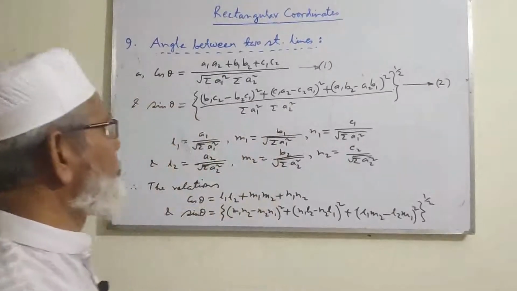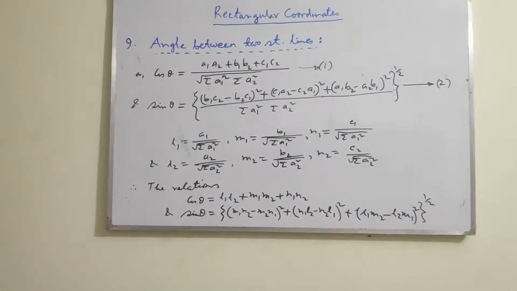From these two formulas, cos theta and sin theta, we can find the condition of parallelism and perpendicularity both.